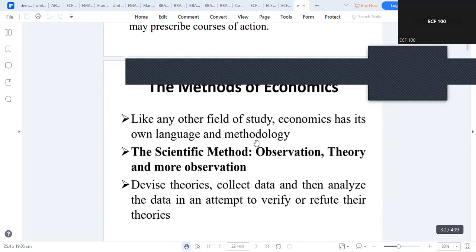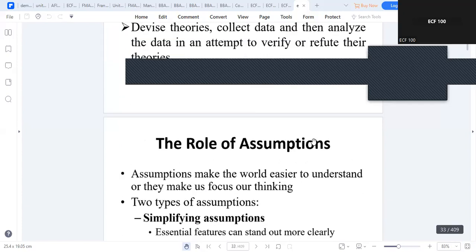So the methods of economics are based on, number one, the scientific method. This scientific method involves observations, theory, and more observations. So here you devise theories, you collect data, you analyze it, then you verify it either by refuting it or accepting it.